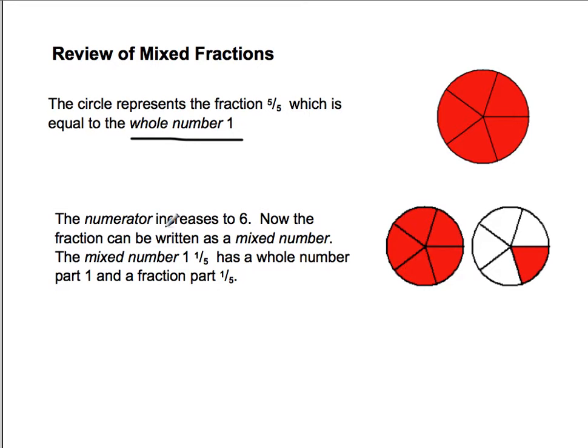Now if we want to increase our numerator to 6, that means 5 pieces are shaded in the first one, and then we need one more, so we have to create another fraction circle so we can represent it as a mixed fraction. So here's my 1 and then my 1/5. So we have a whole and a part, and that's what gives us a mixed fraction.